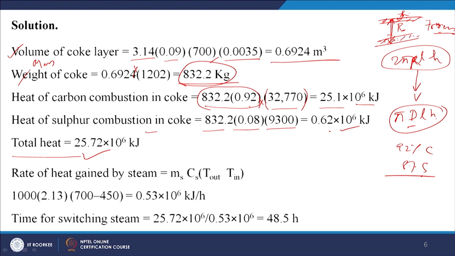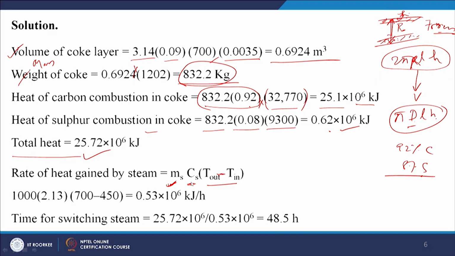Now, this is taken up by the steam. If we consider M as the mass flow rate of steam, then m Cp del T, where del T is T out minus T in, the temperature difference, into the mass of steam into Cp, the average specific heat of steam.